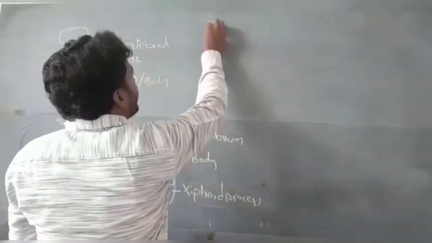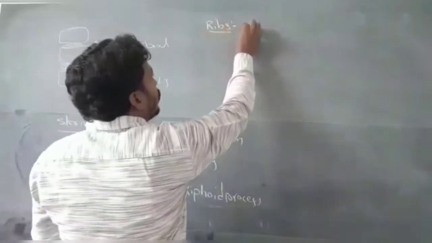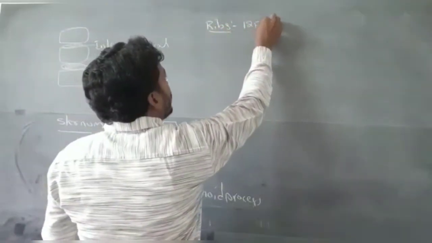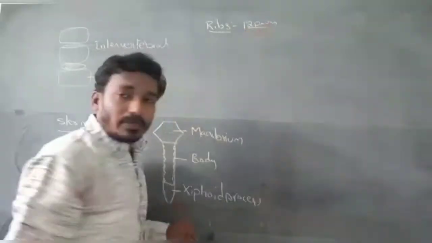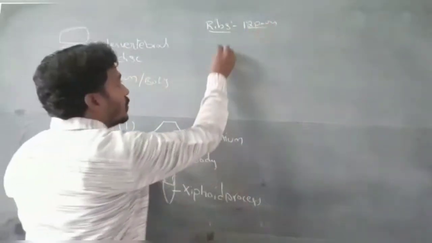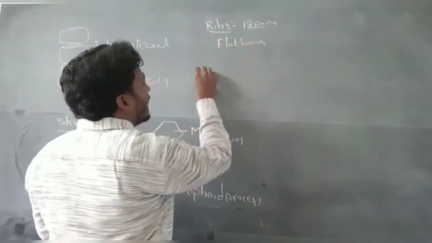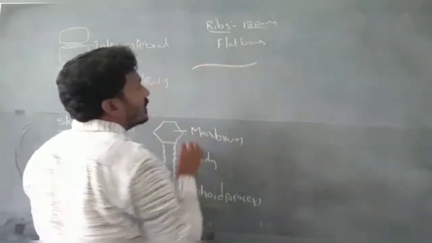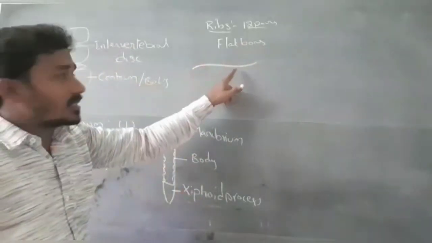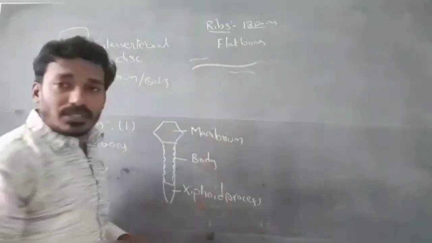Next, ribs. Ribs are 12 pairs. Ribs are flat bones. Ribs have two curvatures. One curvature and another curvature.